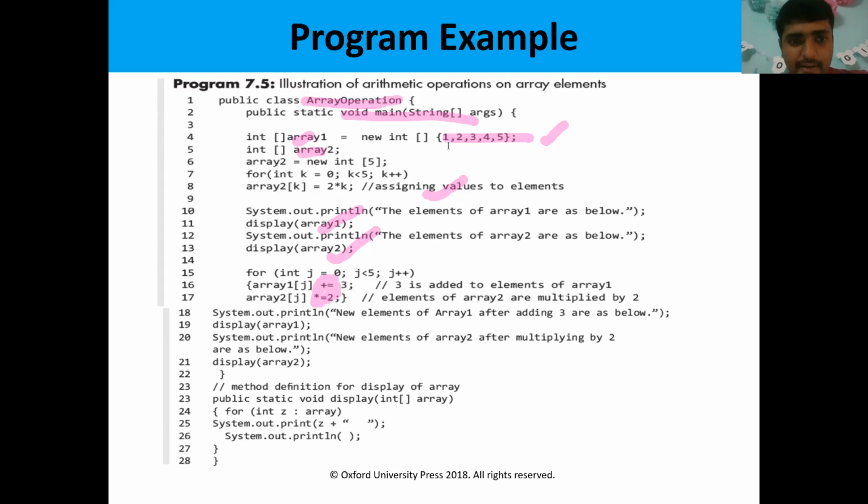Initially array 1 elements are 1, 2, 3, 4, 5. We are adding 3 to each of the elements. That means 3 plus 1, 4. 4 comma 3 plus 2, 5. 5 comma 3 plus 3, 6. 3 plus 4, 7. 5 plus 3, 8.